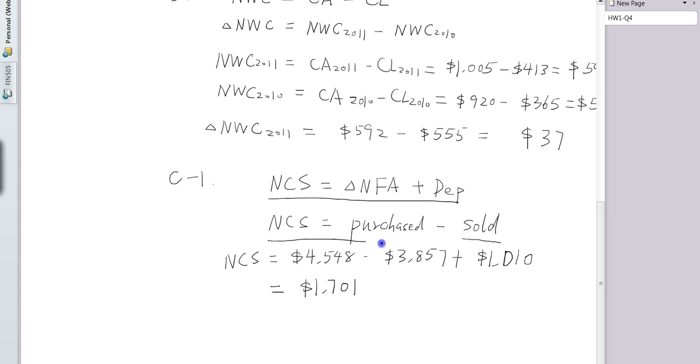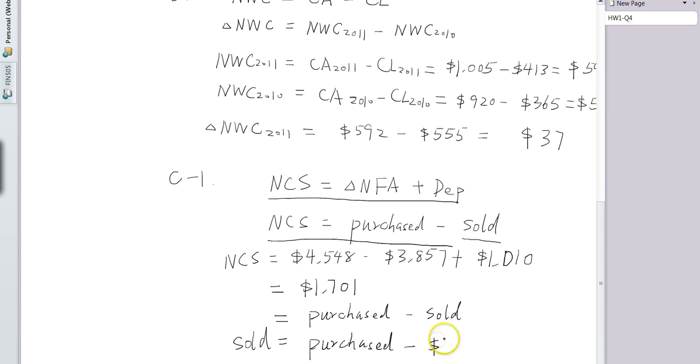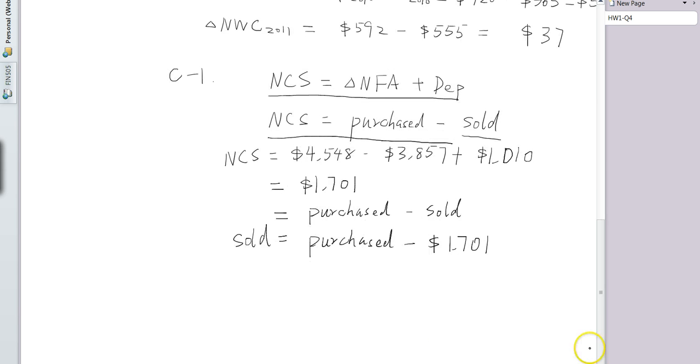And now we need a second way to solve out sold. Because this further equals purchased minus sold. Hence sold equals purchased minus 1701. So now we can plug in the number purchased.